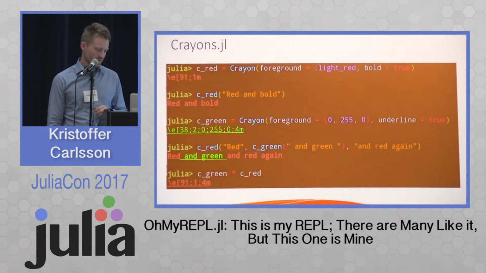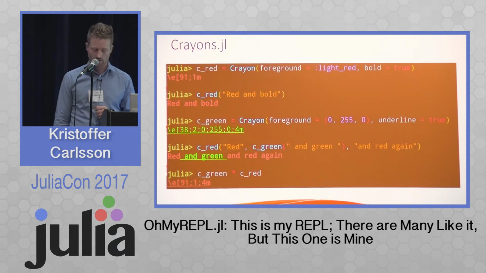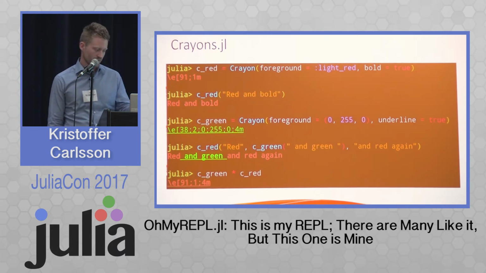So in crayons, you can create one of these crayons. The very first here, I set it to a certain foreground, light red here, and I set it to bold. What's shown after that is the ANSI code of what would be something printed in light red foreground and bold. Then we can use call overloading to make any text in that color and style.